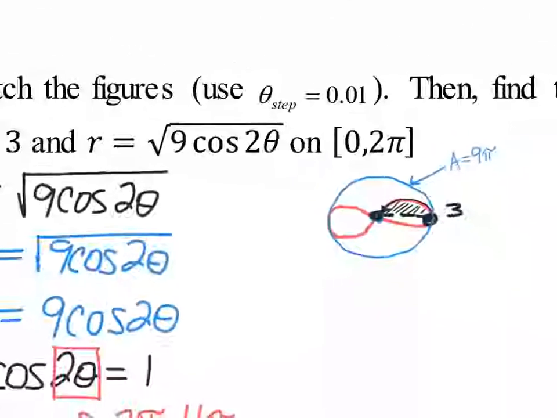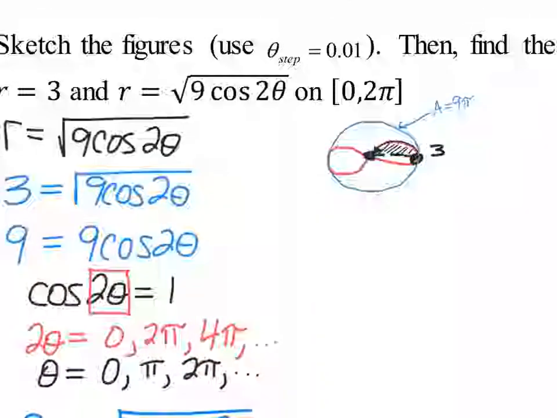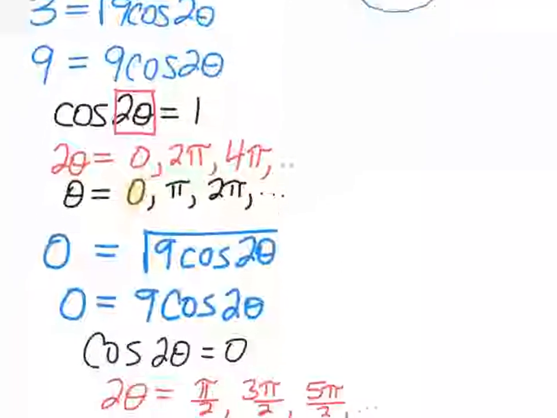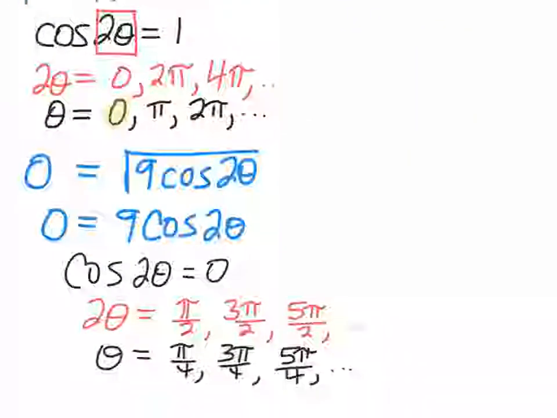So I know, based on my solutions over here, that the lemniscate starts off at 0, and then it hits the pole for the first time at pi over 4.